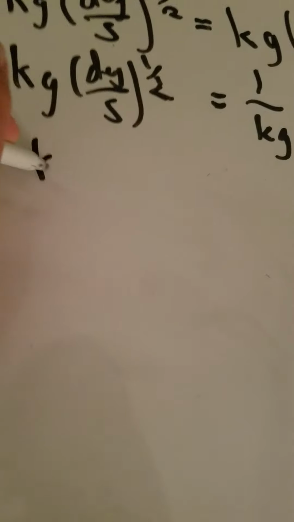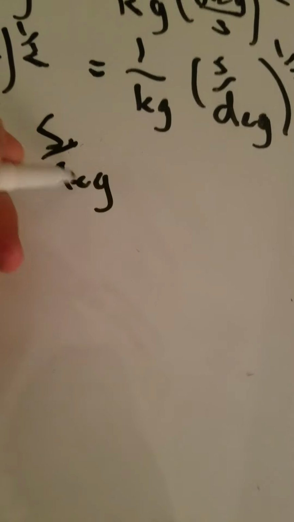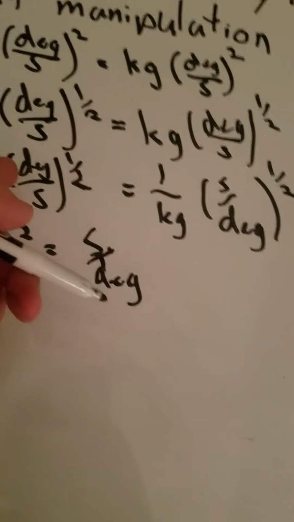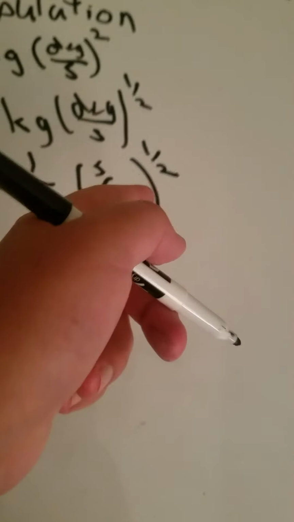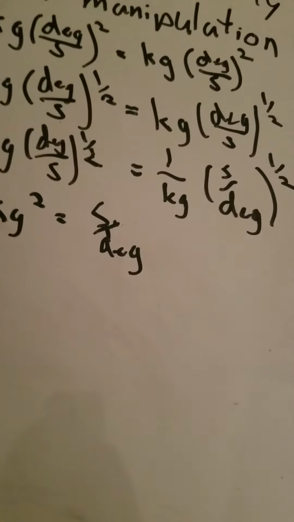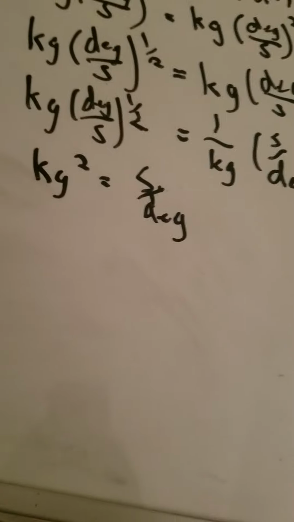So we have kilograms squared equaling seconds over degrees. Honestly, I looked it up on Wolfram Alpha that the degrees over seconds to 1/2 divided by the seconds over degrees to 1/2 does equal seconds over degrees. I looked on Wolfram Alpha for that, and that's how it worked out.